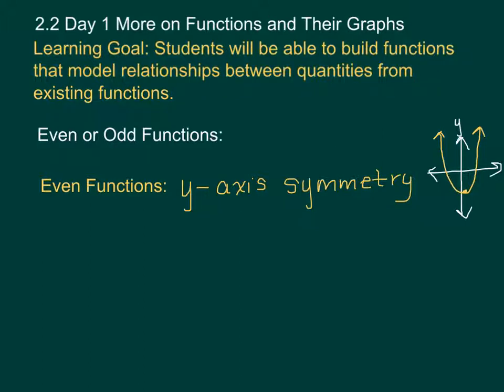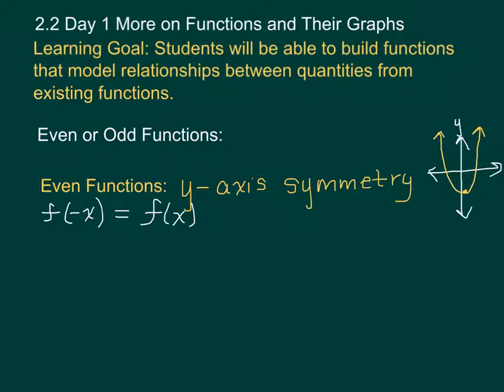Now, when you're looking at an equation, what that means is your negative x values will have the same y values as your positive x values. So if you notice on this parabola, the left side is identical to the right side.